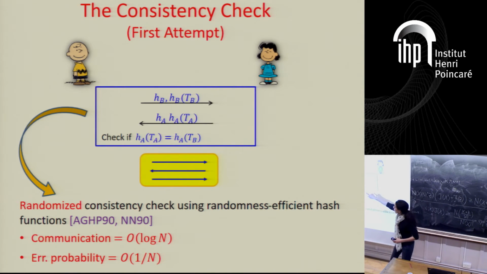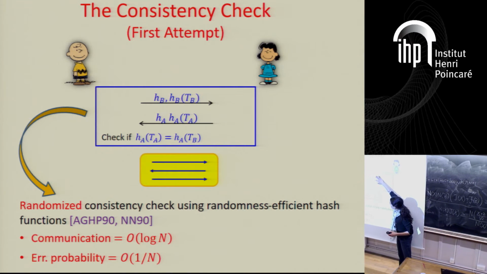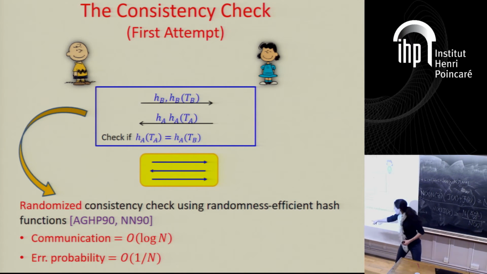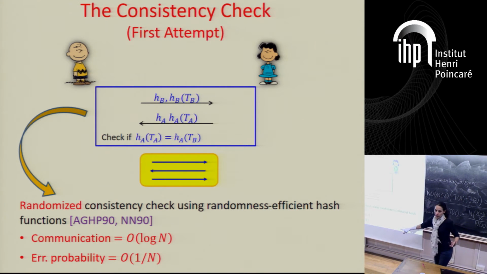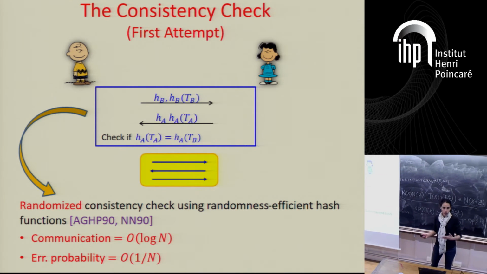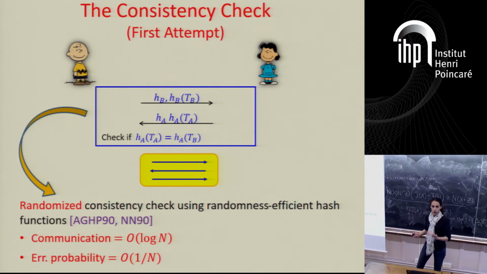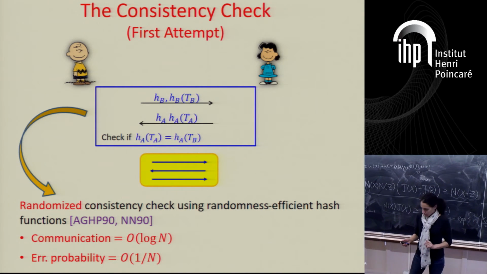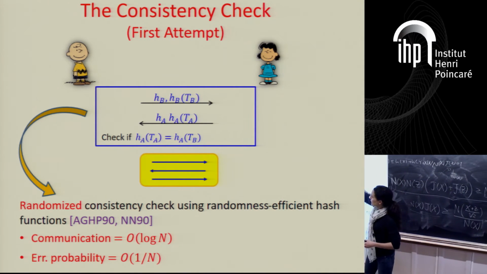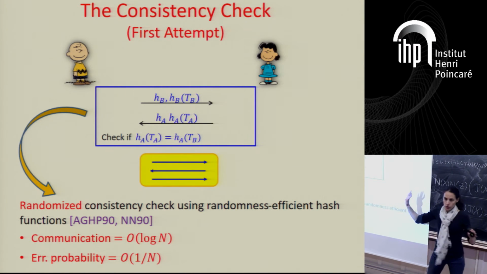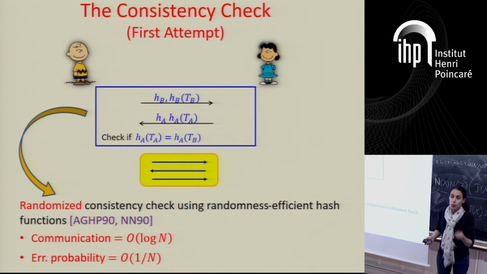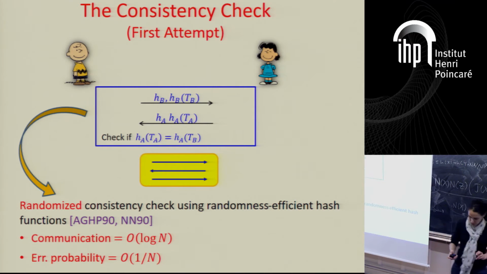And for a random hash, if these are not equal, the probability that there's an error, namely that they're different but you get a collision and equality, is only order 1 over n. So it's a very good, efficient hash and you catch errors with good probability. The communication here is order log n, and the probability of error is 1 over n, up to constants.